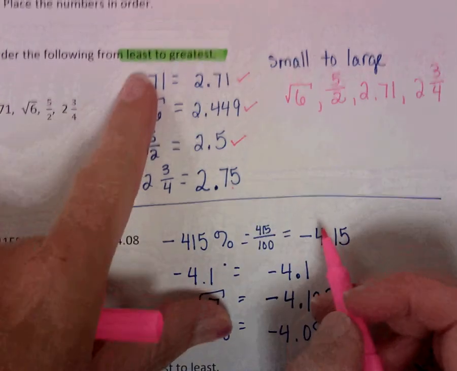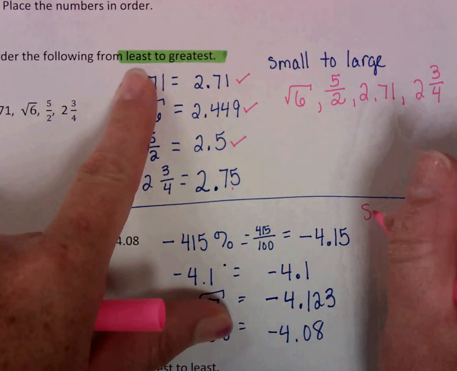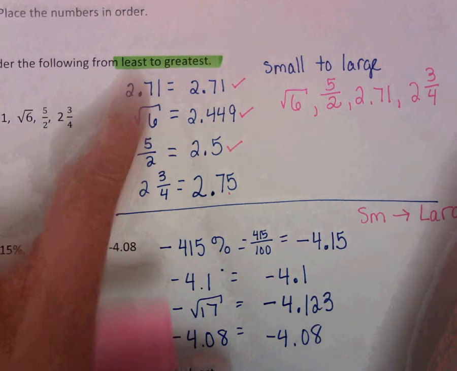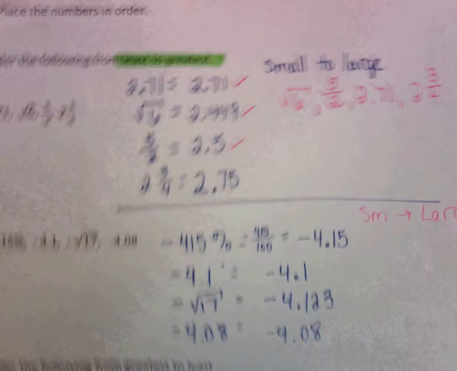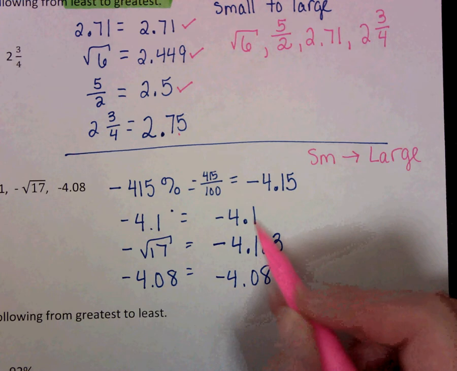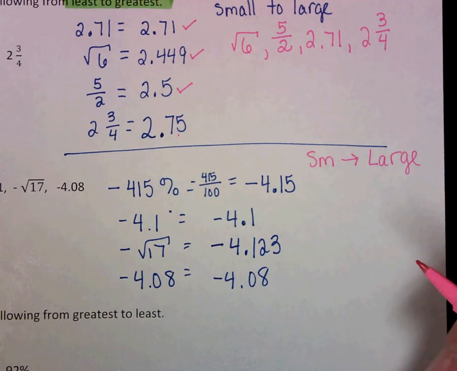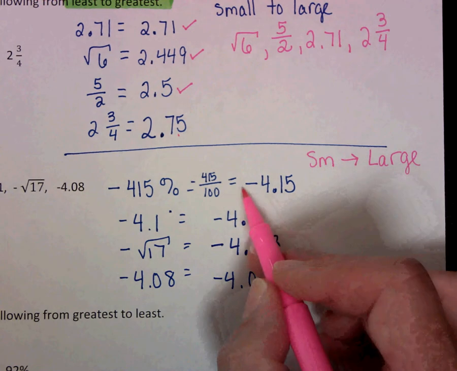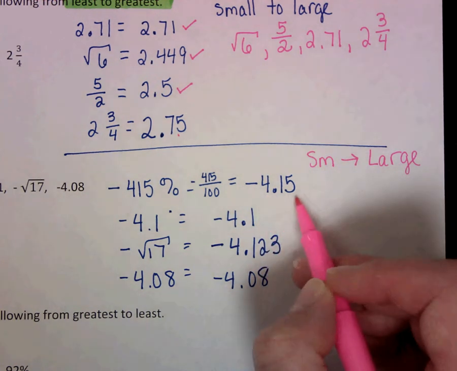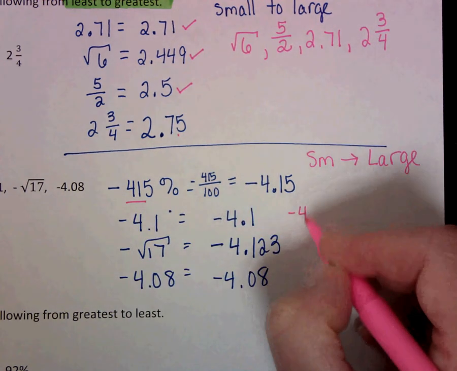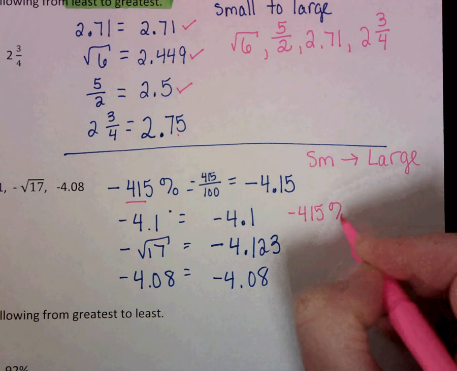Again, we're going least to greatest, small to large. Remember, it's a little trickier with negatives. The bigger the number looks, the smaller it actually is. So negative 4.15 would actually be my smallest number, which is negative 415%. That is my smallest.